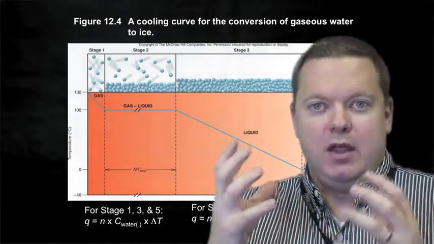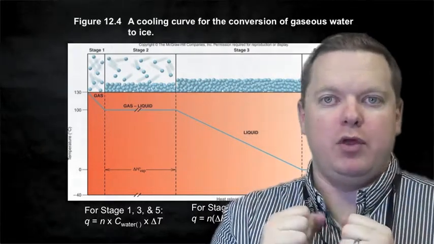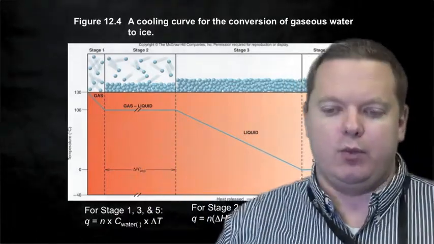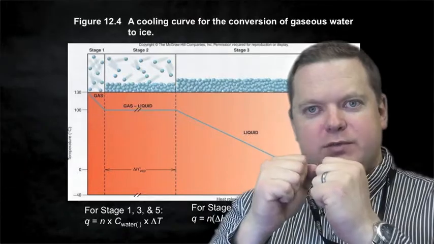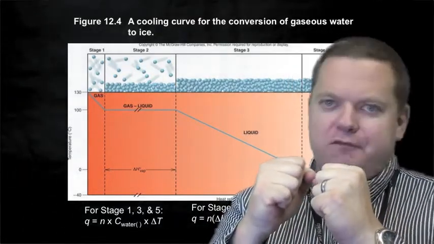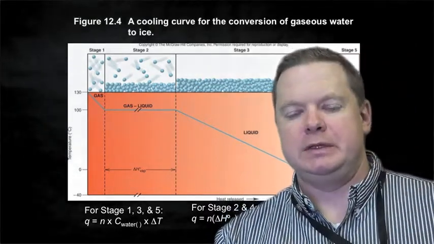So there's not enough kinetic energy within the molecules to overcome those intermolecular interactions. And that's the way it's going to be when we get into the solid. They're going to arrange themselves into their crystals and be stationary and vibrate, not being able to overcome these intermolecular forces.